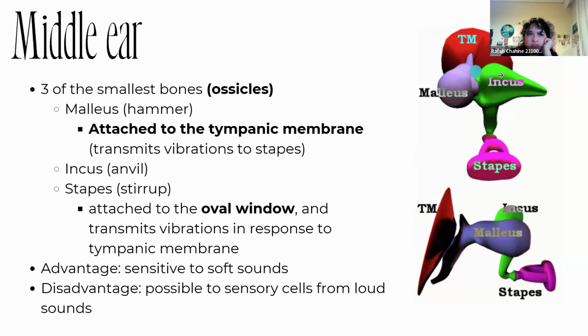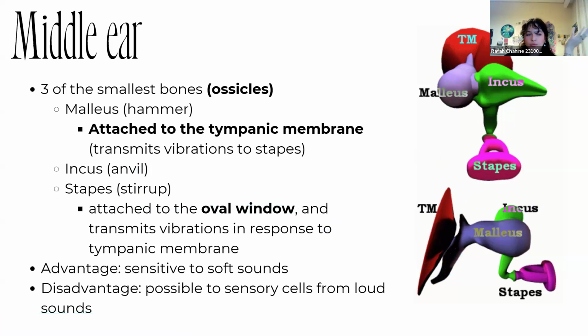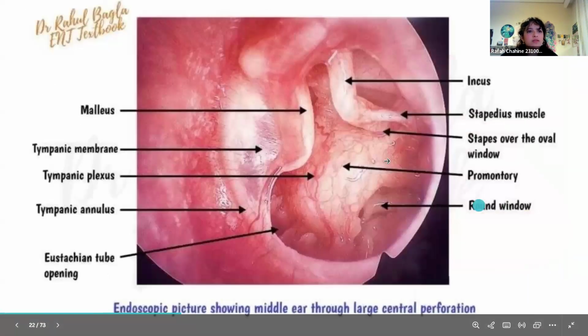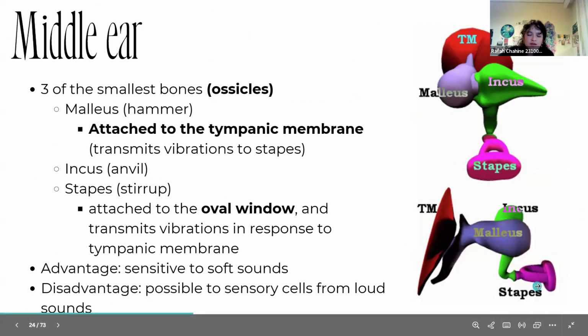This is what their attachment looks like if we're looking from the inner direction of the inner ear. And then we have the stapes or the stirrup. Honestly, it might be the smallest one, but it's the most important one. And it attaches to the oval window, which we mentioned over here. We said that the stapes is over the oval window. We're going to see how the oval window has anything to do with anything.